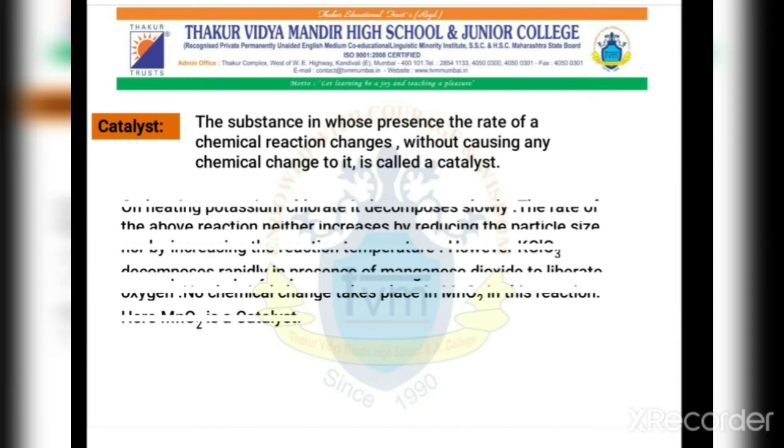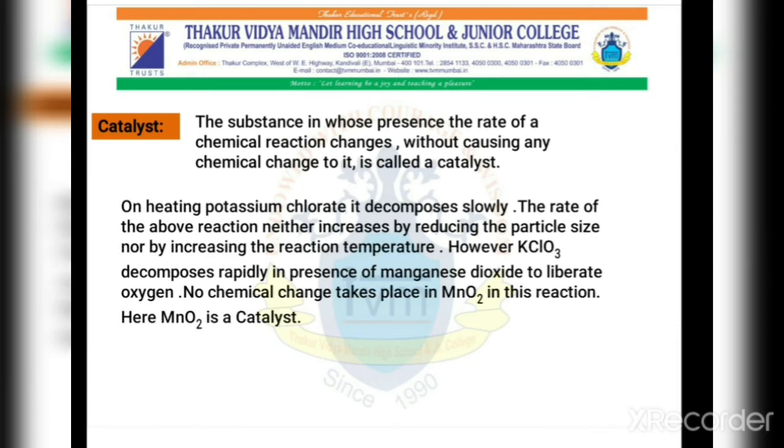For example, on heating potassium chlorate, formula KClO3, it decomposes slowly. You know what a decomposition reaction is, which you have seen earlier. That is, it splits up.